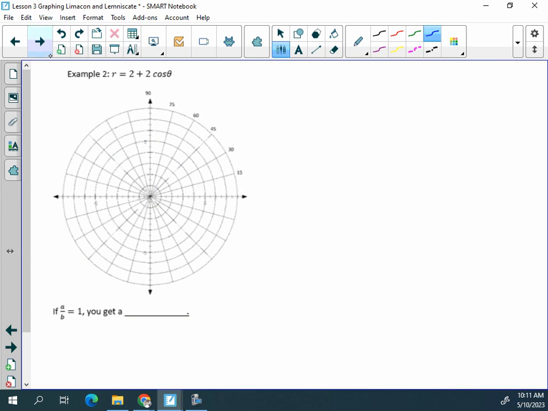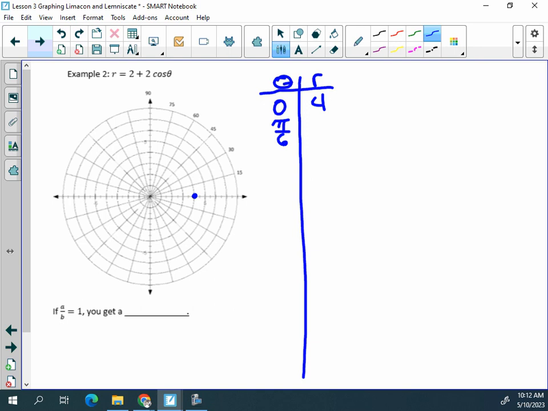All right, number 2, we're going to see an example of what it looks like when a over b equals 1. So here's an example where a and b are the same value. So we're going to again make our t-chart here. So if we plug in 0, cosine of 0 is 1, times 2 is 2, plus 2 is 4. So 1, 2, 3, 4. Okay, pi over 6.